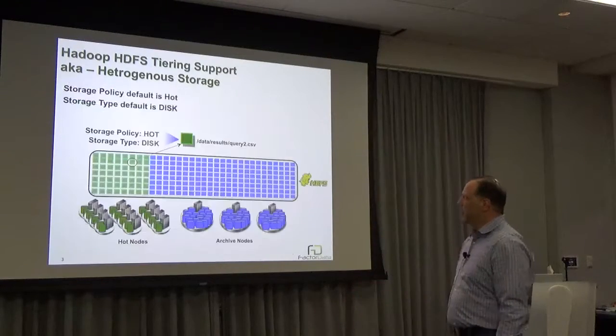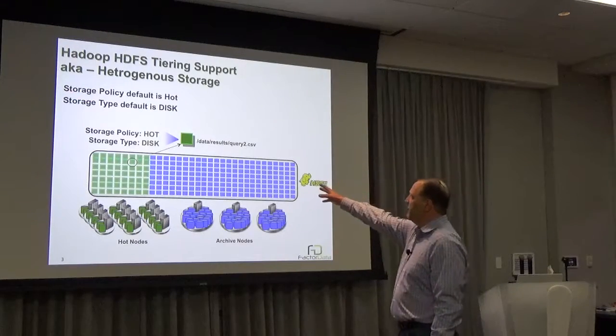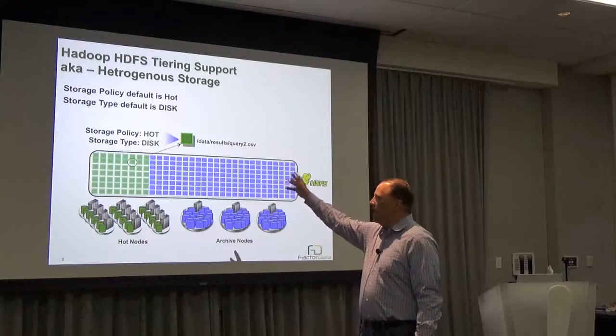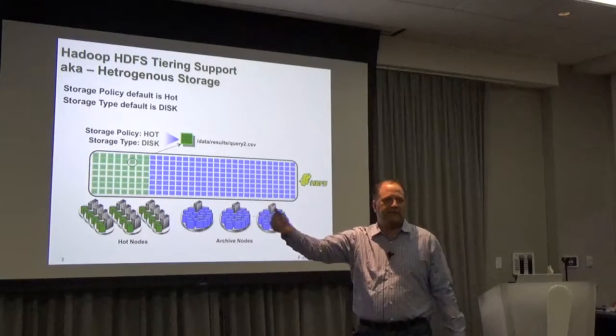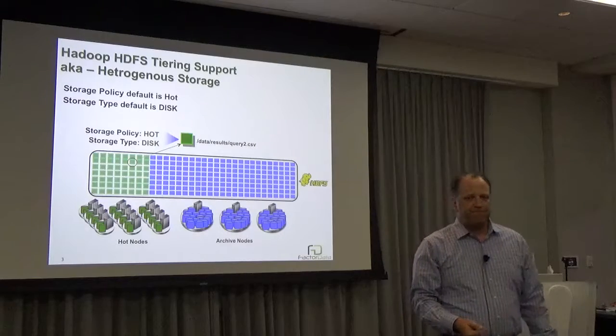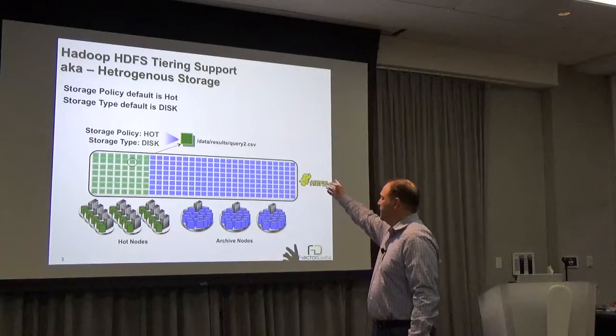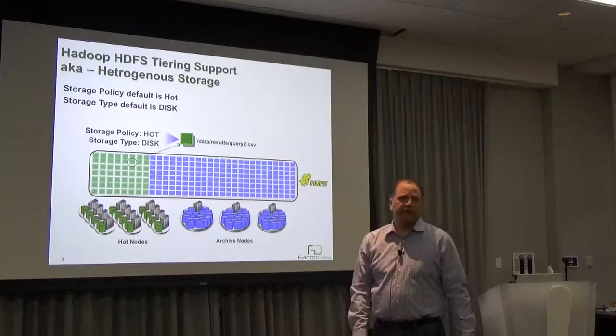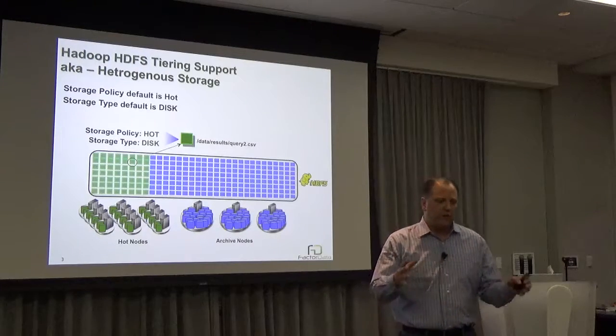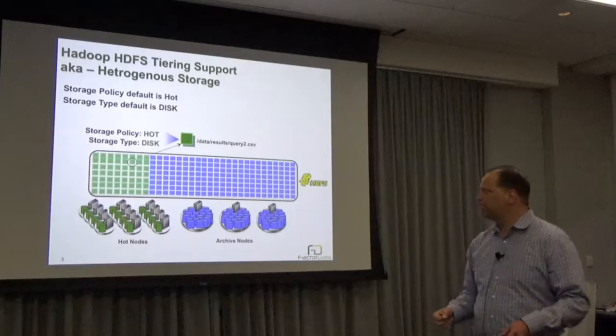That's the default. So when I look at this example, my data starts out on hot and disk, and that's where the data lives. You can see that I just made a sample file here, Query2CSV, in that directory structure, just so you can visualize what's going on here.